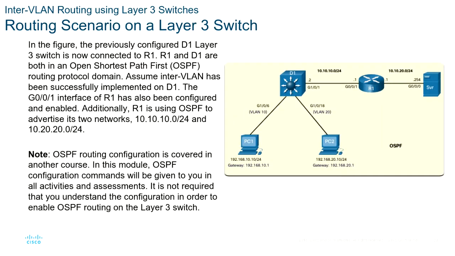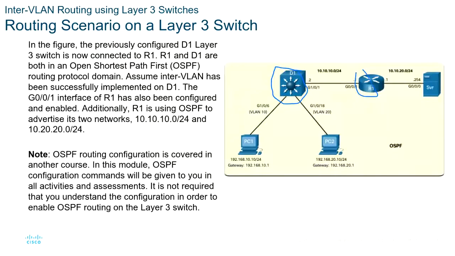So on a layer 3 switch, now here's a more complicated scenario. We've got our distribution layer switch, which has replaced a separate physical router and switch that we'll use in the labs. And then it's being connected to another router, and that's being connected to a server.